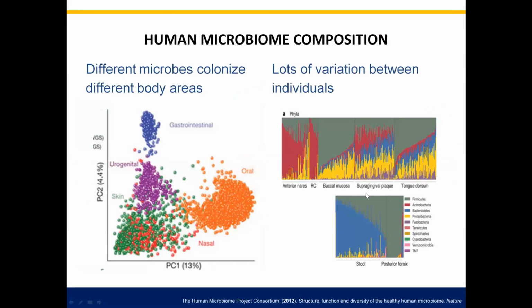Understanding how the microbiome is distributed throughout the body, we have numerous studies where we study human microbiome composition. This gives a clear idea of the microbial communities seen in the gastrointestinal and urogenital regions, and you can see oral and skin microbiota.